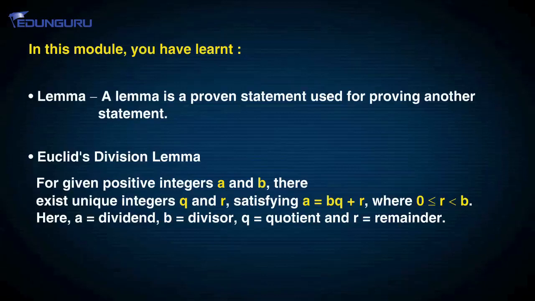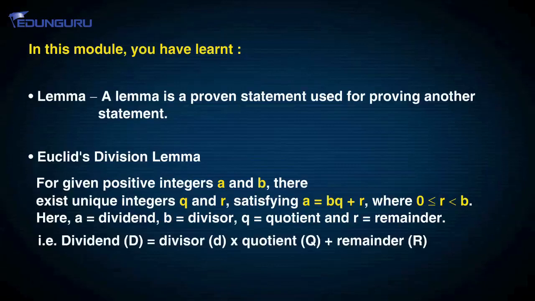Here a is equal to dividend, b is equal to divisor, q is equal to quotient, and r is equal to remainder, which means dividend D is equal to divisor d into quotient q plus remainder r.